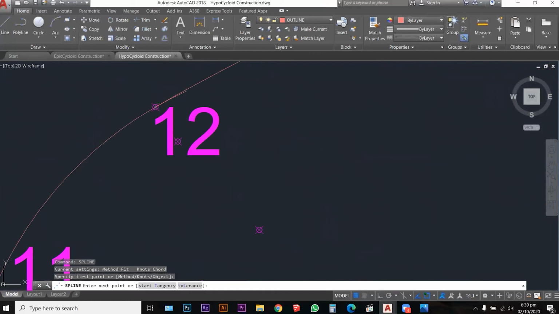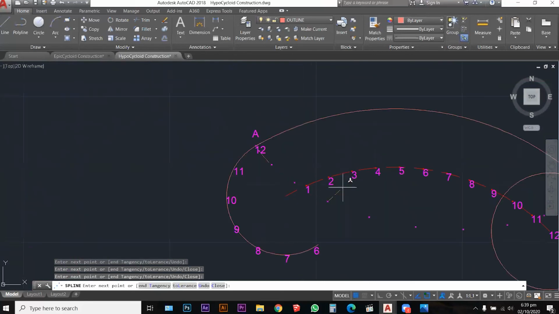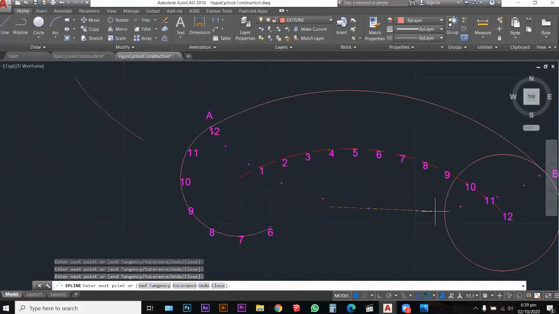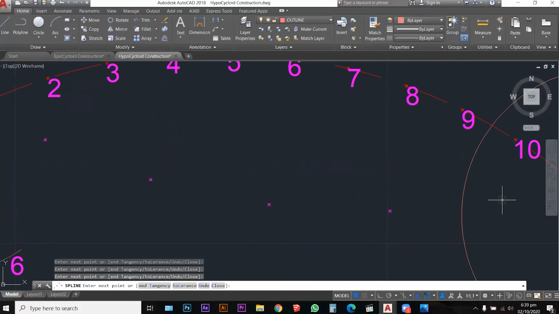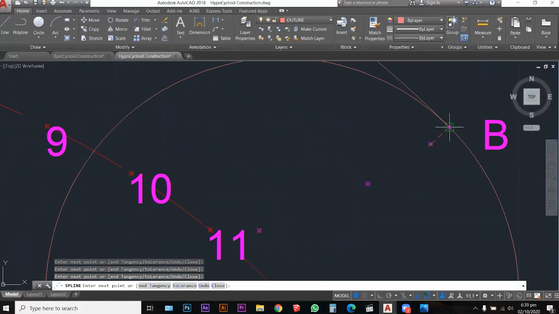That's the command I'm going to use to connect these dots. And this is basically it. Once I've finished here, I've done the hypocycloid, and I've done the epicycloid and the normal cycloid.